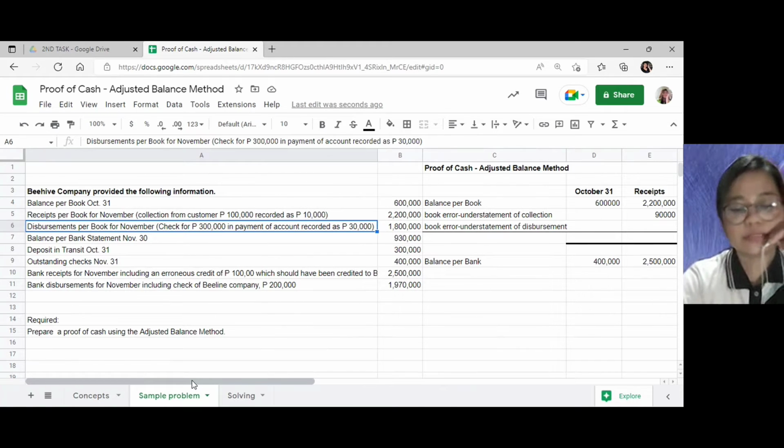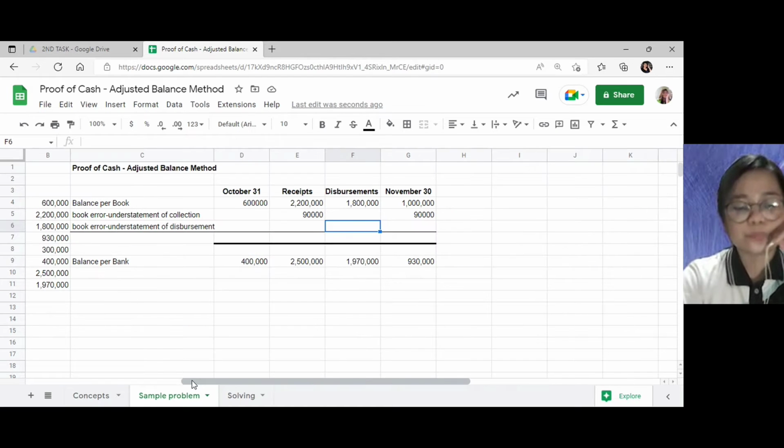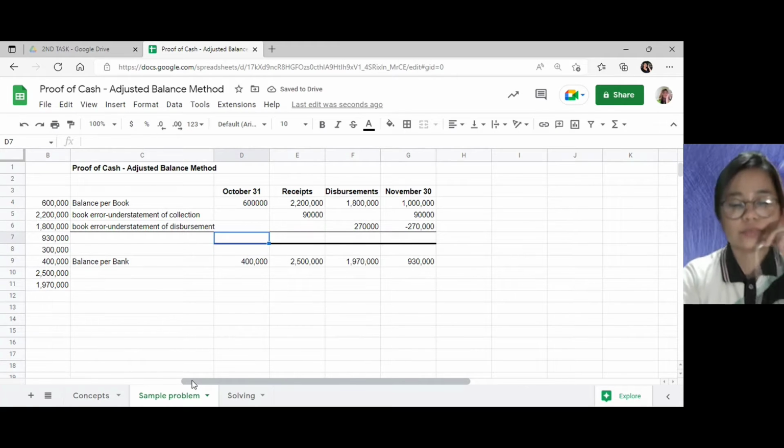Since our disbursement is short, we have to deduct this in our ending balance, which is November 30. Again, you have that 300,000 minus your recorded 30,000, and you have 270,000.